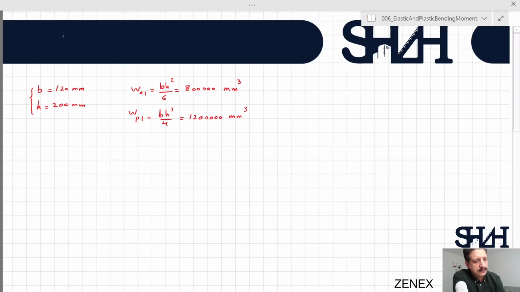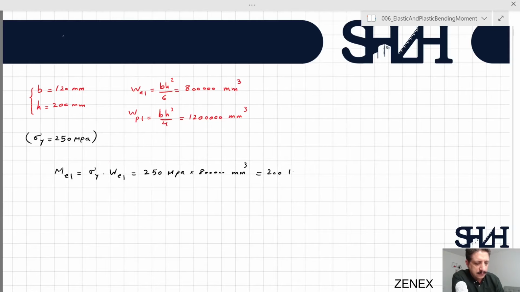Let's assume that we have a material which sigma y is 250 megapascal. Then M elastic for this cross section will be sigma y times W elastic. So it will be 250 megapascal times 800,000. So it will be 200 kilonewton meter.